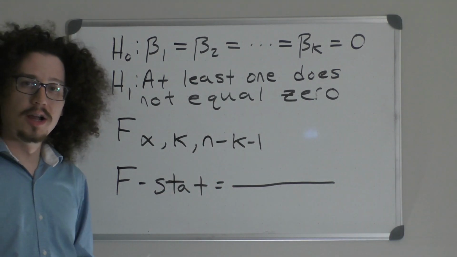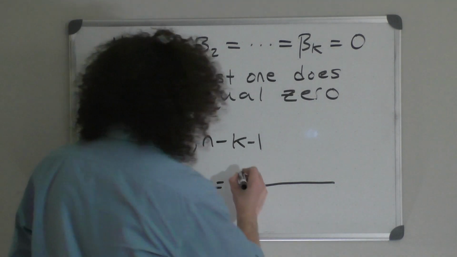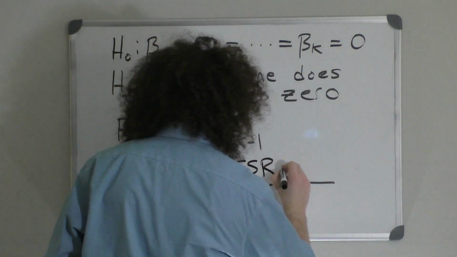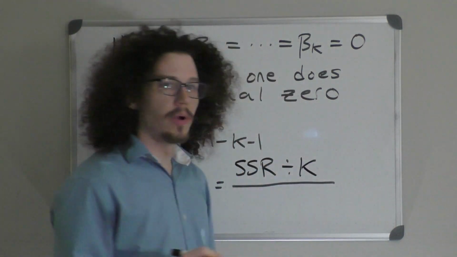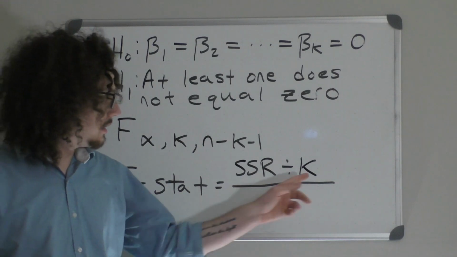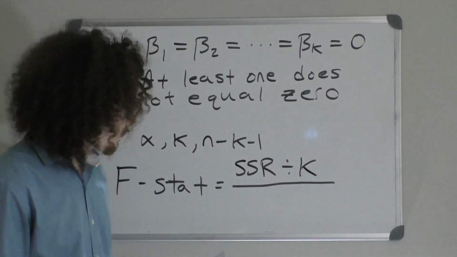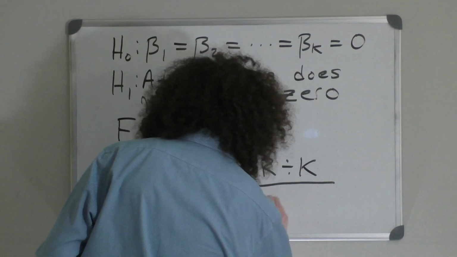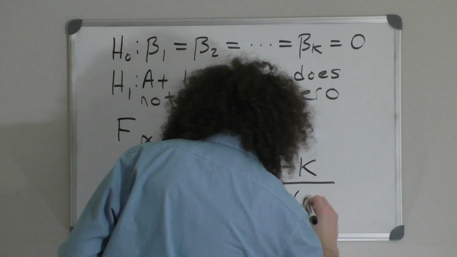All right, then we will have our F-stat. The numerator of our F-stat is the sum of squares regression divided by the number of independent variables, or k.